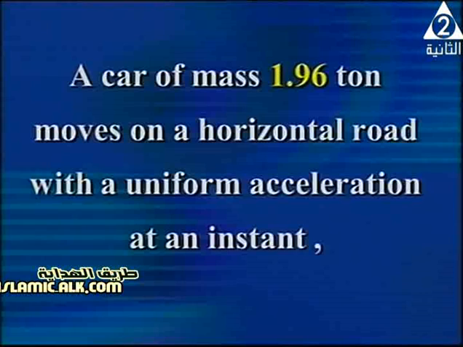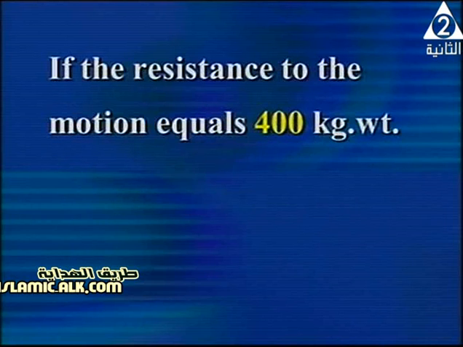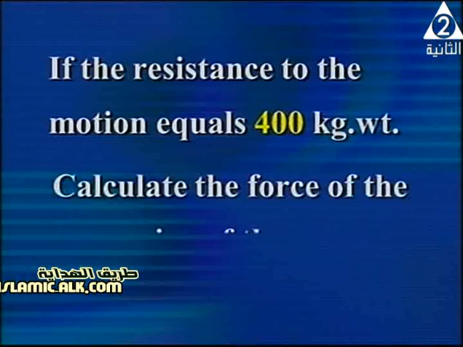Another example. A car of mass 1.92 ton moves on a horizontal road with uniform acceleration. At the instant its velocity became 90 km per hour, after covering a distance of 50 m, the resistance to the motion equals 400 kilogram weight.